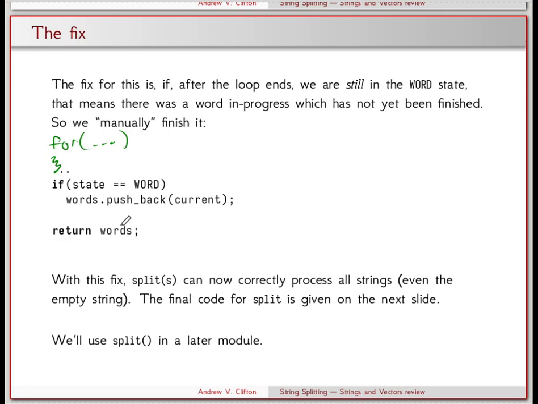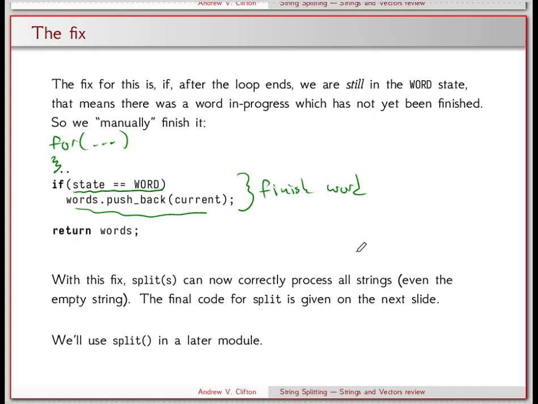Right before we return the vector, we say, wait a minute, were we still building up a word when the loop ended? If so, then we're going to finish the word here. This is doing the finish word action, if necessary, when the loop ends.